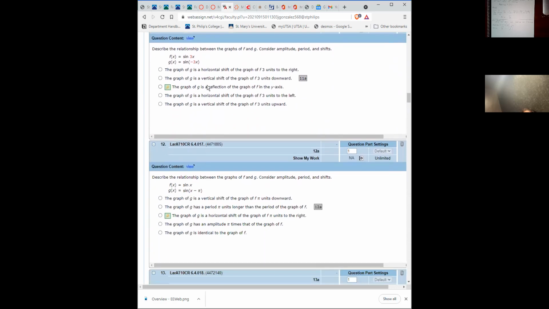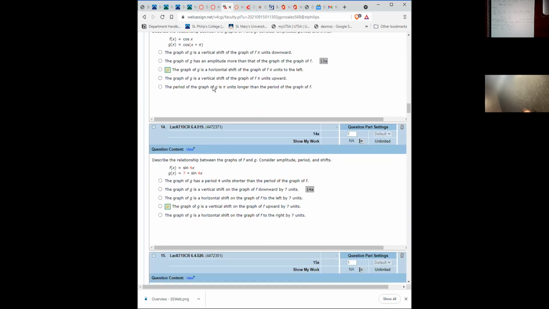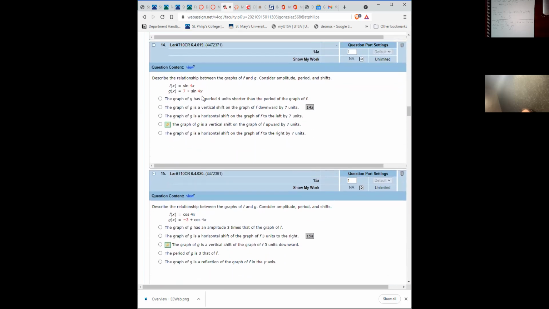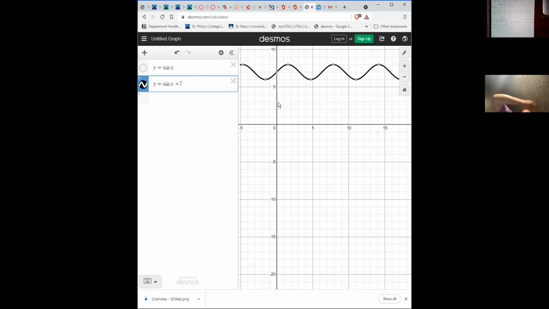Let me look at the questions here. Let's look at number 14. Sine 4x and 7 plus sine 4x, right? So what is this 7 going to do? What do you guys think? They were the same graphs, but one had a... Gonna shift it up. Yeah, so this is when they start shifting.